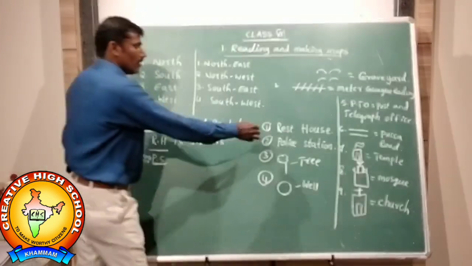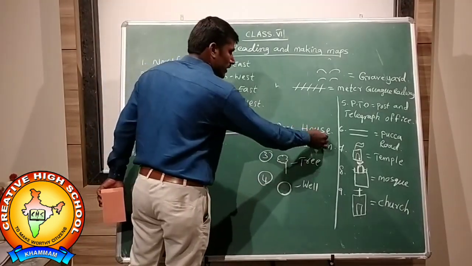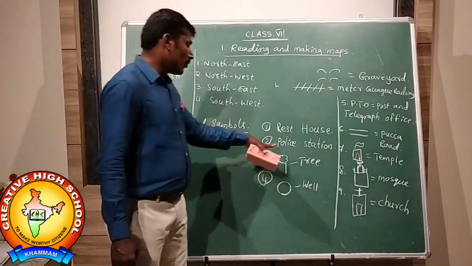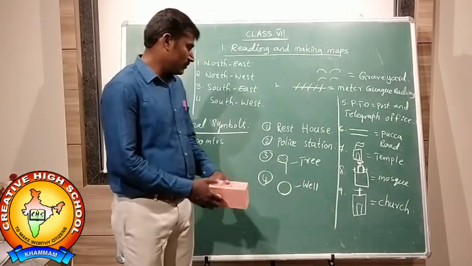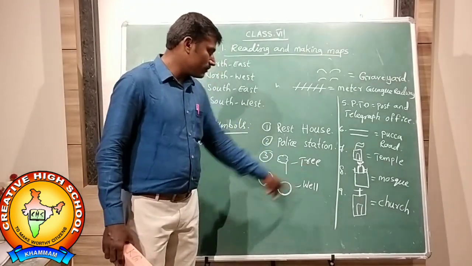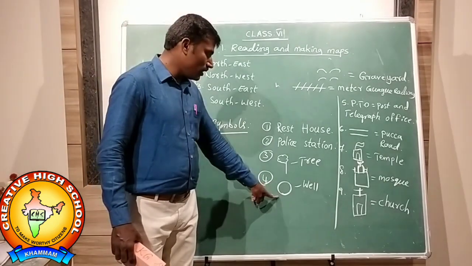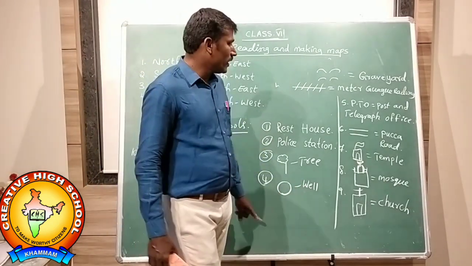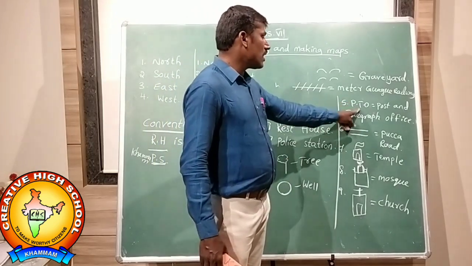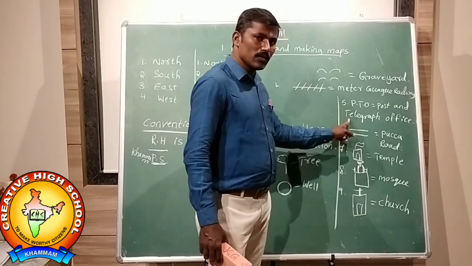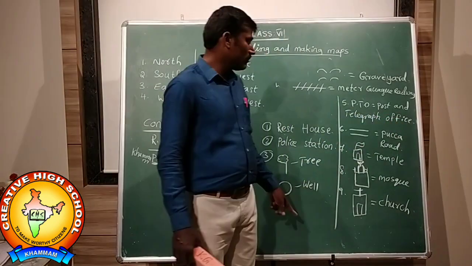RH stands for rest house, and PS police station. This symbol indicates tree. This symbol indicates well, and PTO post and telegraph office.